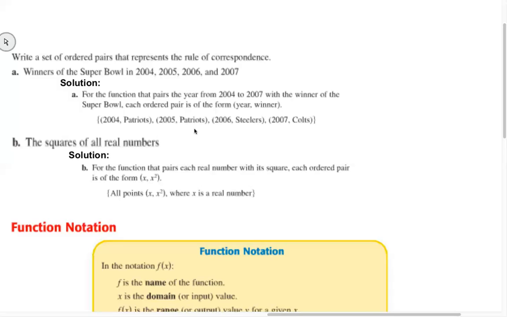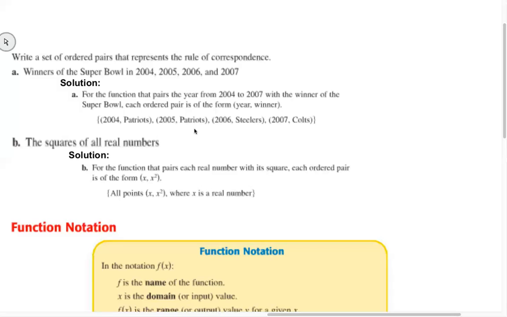So in other words, Kailana, it's not the fact that we have the same output like the Patriots. The Patriots are allowed to win twice. They shouldn't be. And I hope they lose, okay? But that is not what makes it a function.